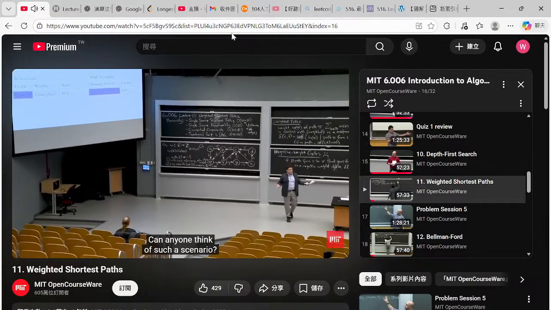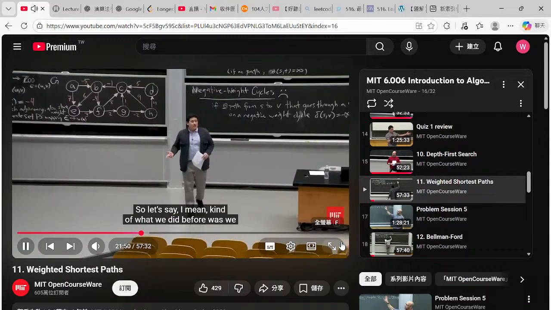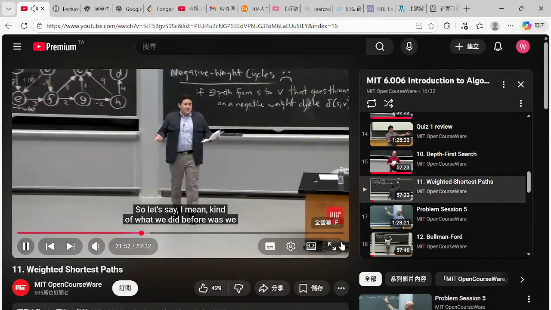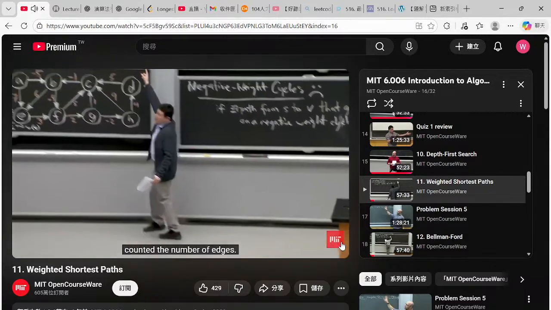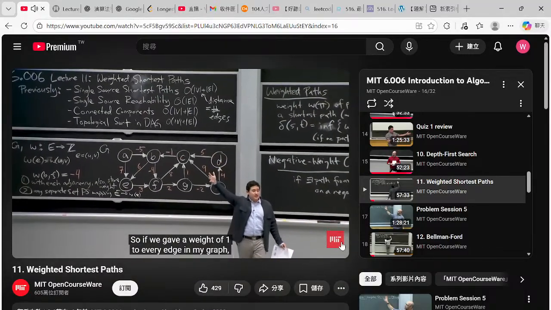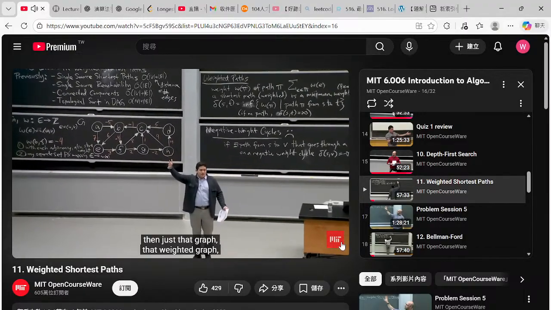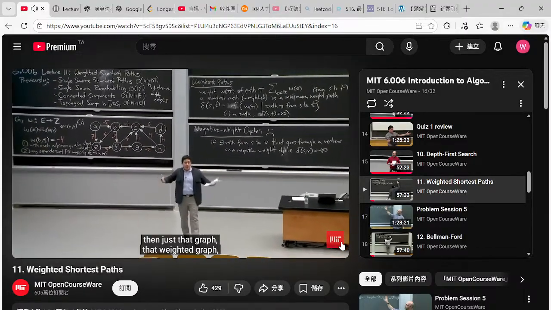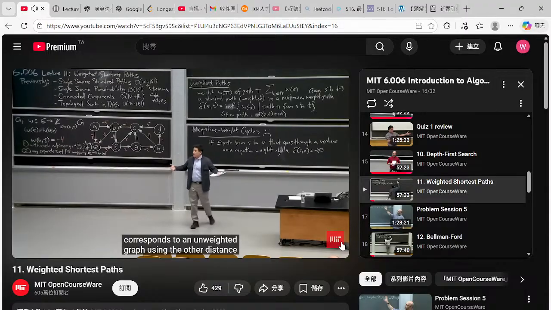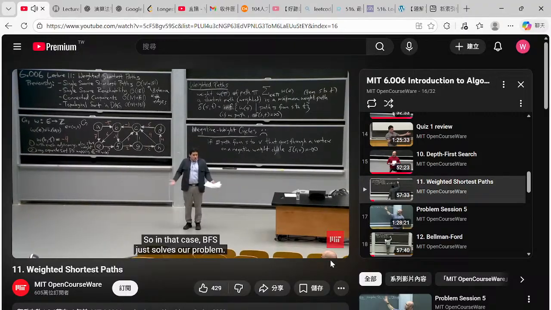Can anyone think of such a scenario? So let's say, kind of what we did before was we counted the number of edges, right? So if we gave a weight of 1 to every edge in my graph, then that weighted graph corresponds to an unweighted graph using the other distance metric, right? So in that case, BFS just solves our problem.